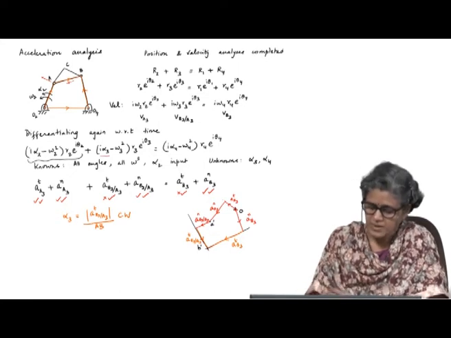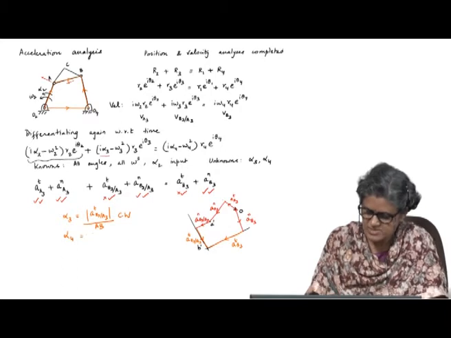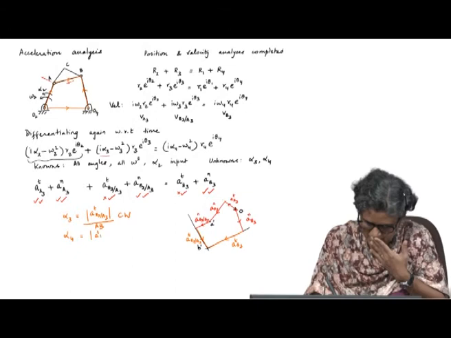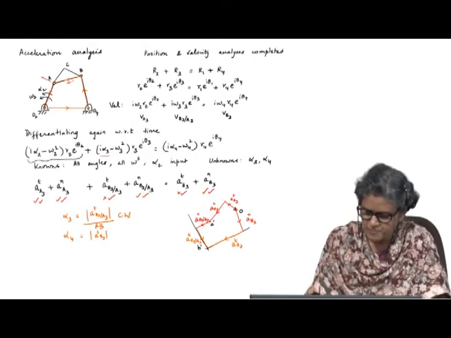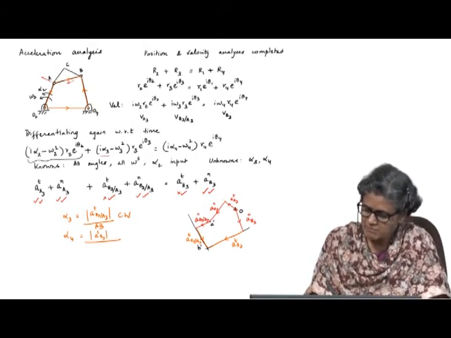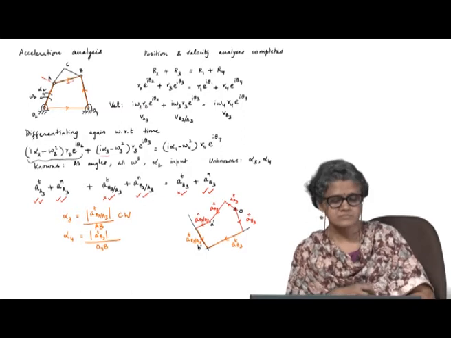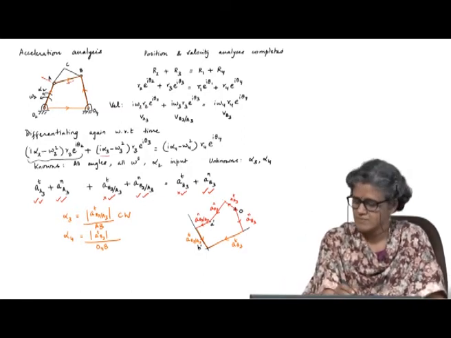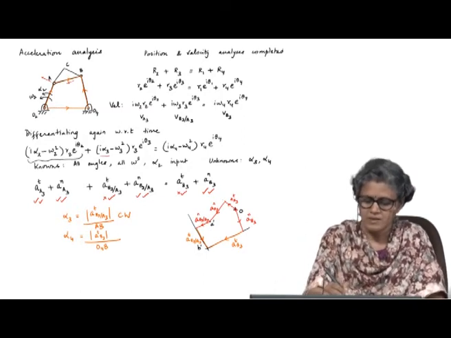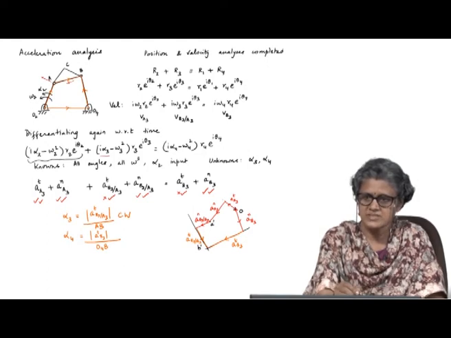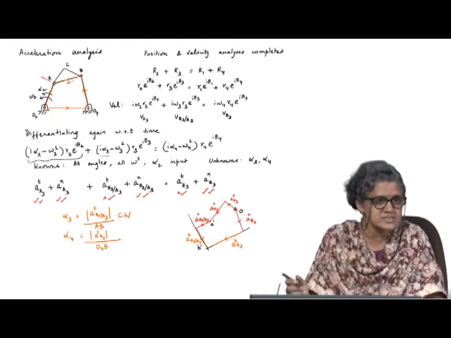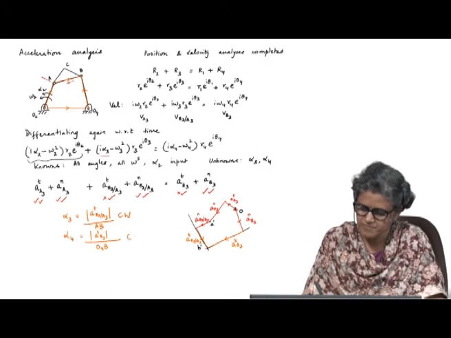Okay. What about alpha 4? Alpha 4 is A tangential B3, magnitude of that divided by O4B, and what is the direction of that? So you have the direction perpendicular to OB like this, which means alpha 4 is counterclockwise.